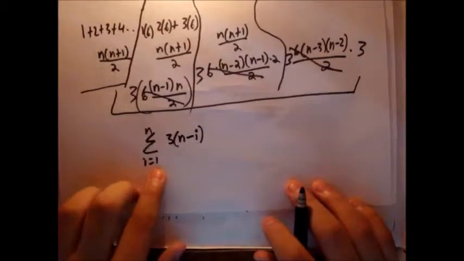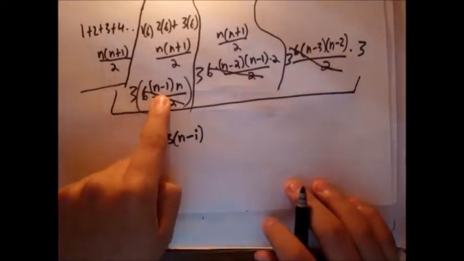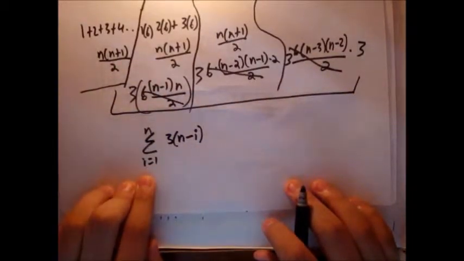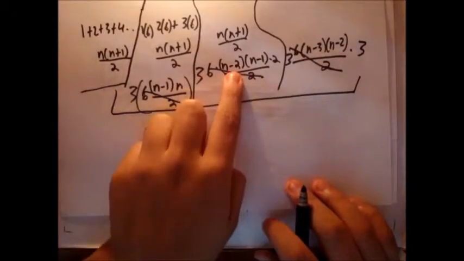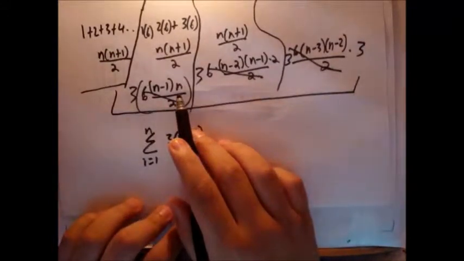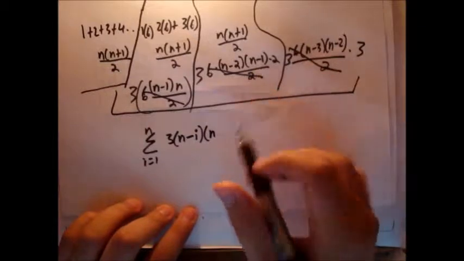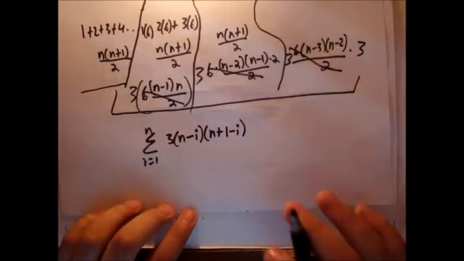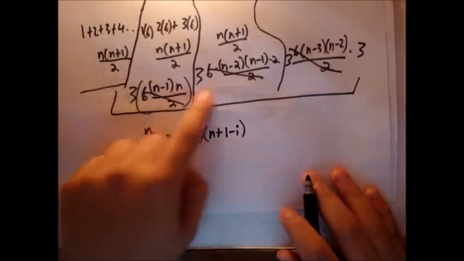Because if you see right here, n minus i will take into account the first one, and so on and so forth, because when we plug in i equals 1, which will be our first term, n minus 1 is right there. Then the next term, n minus 2, and n minus 3, and so on and so forth. And then for the next one, it starts at n. And each one of them starts decreasing. So it is appropriate to write plus 1 minus i. Now I do this so it can start healthy at n and then start subtracting.